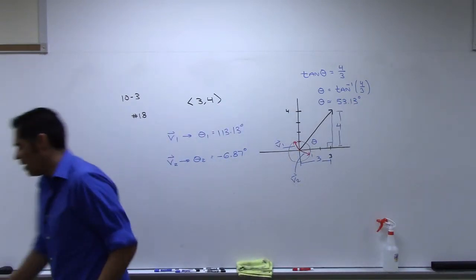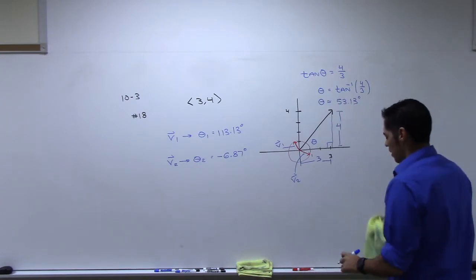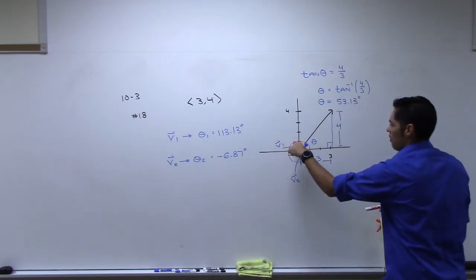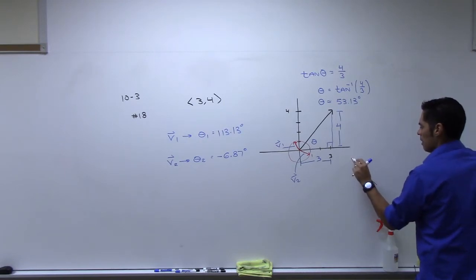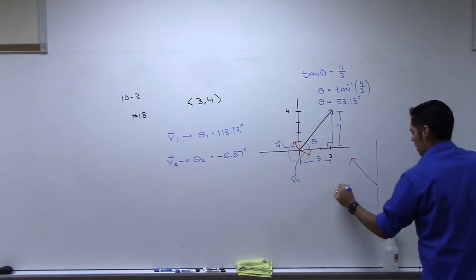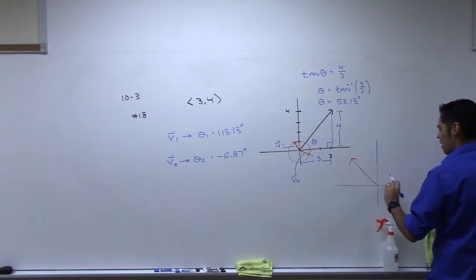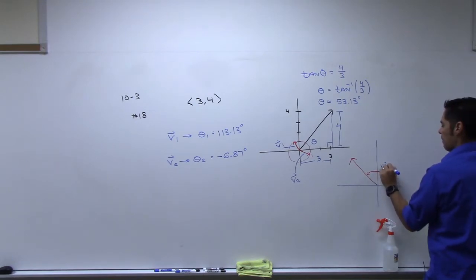Now we're supposed to find the actual components of the vectors. So I'm going to zoom in here on this first vector V1. Here's our axis. We know that this angle right here is 113.13 degrees.